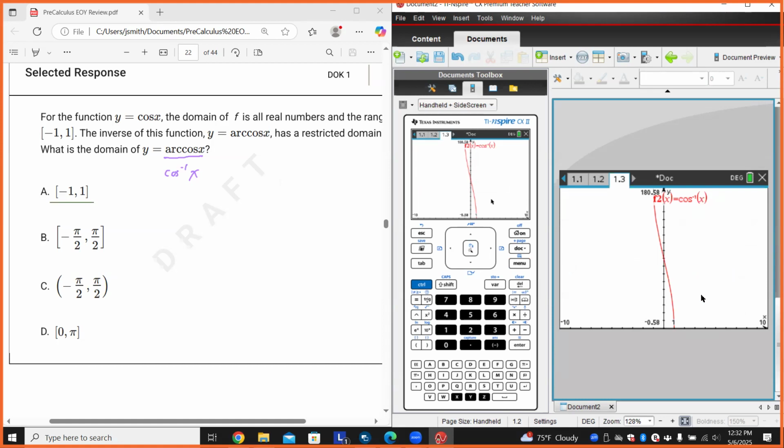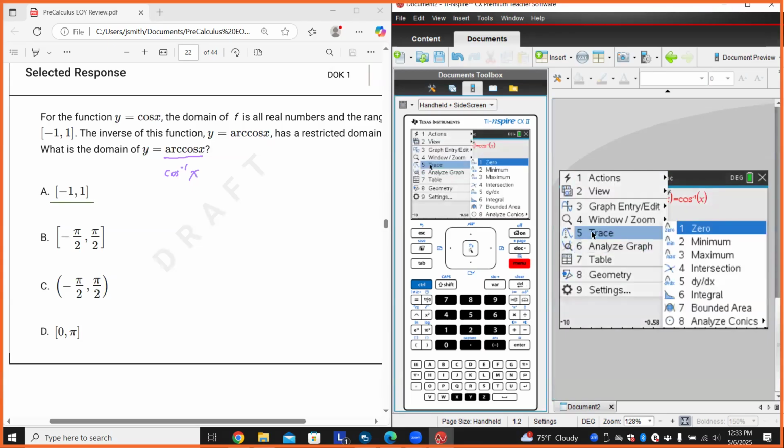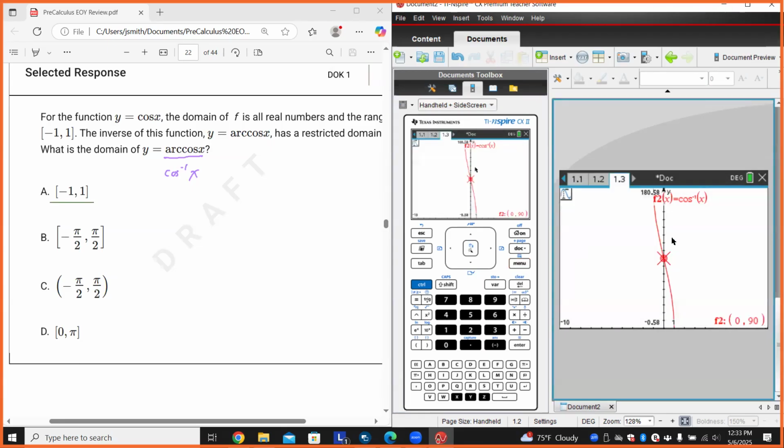I'm looking at domain. My domain is what values? X. So if I do menu 5.1, and you don't have to do zoom fit if you don't want to. You can actually just do straight menu 5.1. I just like to see what the graph looks like. I'm going to go over until I can't go over anymore. Does everyone see this dotted line? That means there's no graph there.